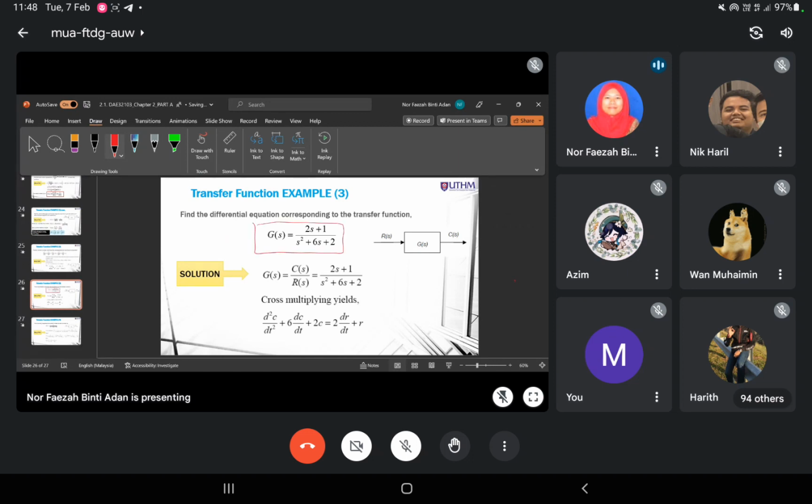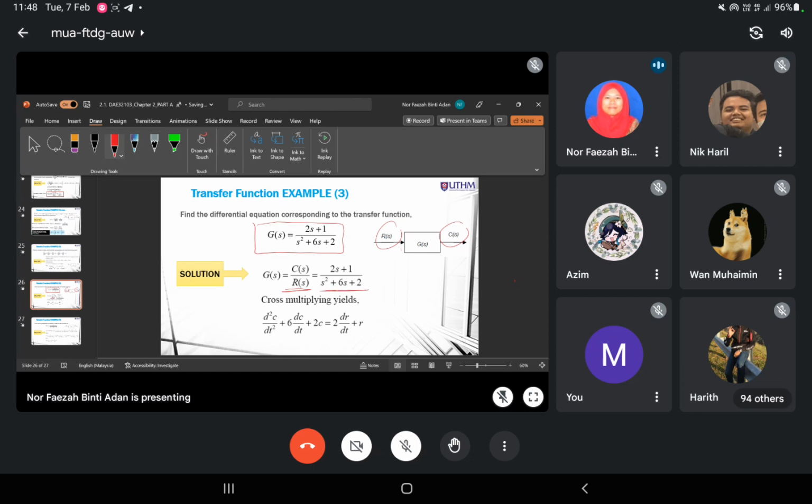GS equals to 2S tambah 1 over S squared tambah 6S tambah 2. So we know that GS is the transfer function term. Okay. So GS ni equivalent to CS over RS. CS tu adalah output, RS is input. Okay. So bila you susun GS equals to CS over RS equals to the S domain equation.